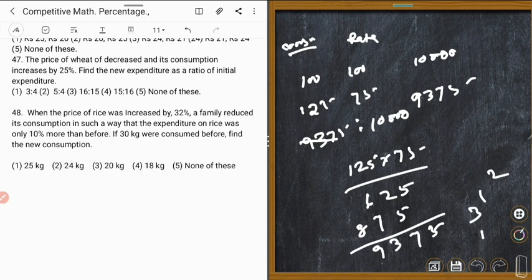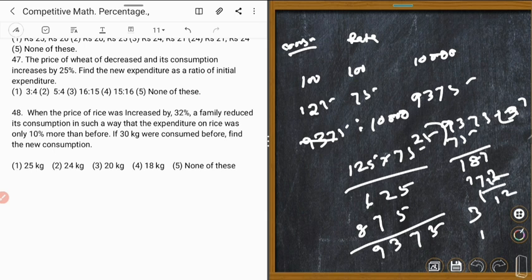25, just 1 minute. 9375 divided by 25. 3 threes are 75. Okay, done. Next 8, 1, 7. 25 threes, this is 3. So 375 is equal to 2 1. 5 5 3 7 5. This is 375. This is 400.